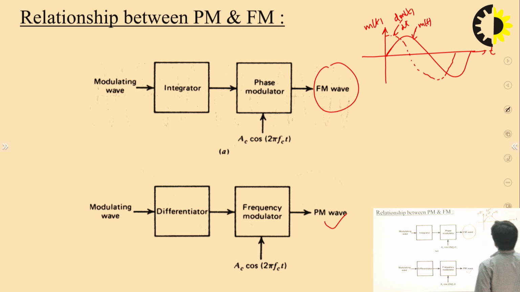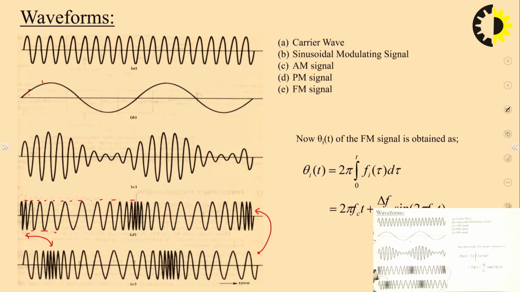So you need to take the differentiation of this message signal. So that's why there is a shifting in the high frequency and low frequency in the last two diagrams.